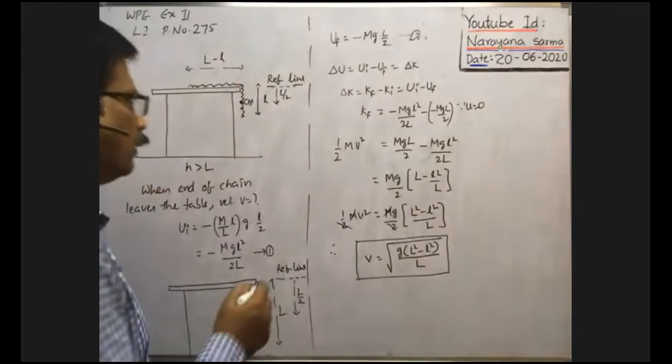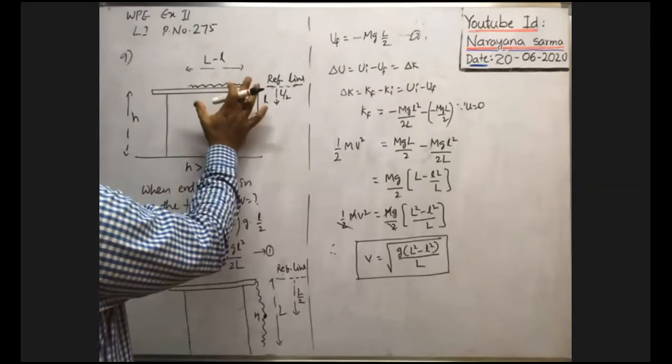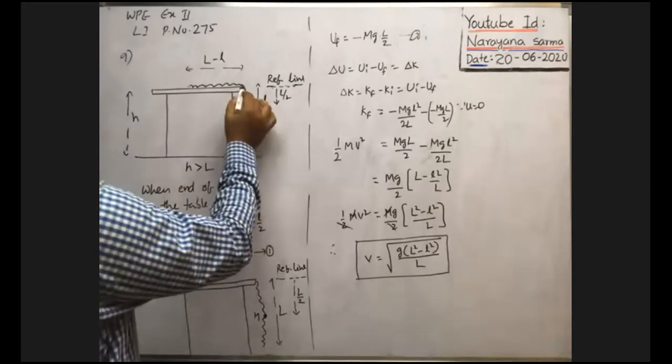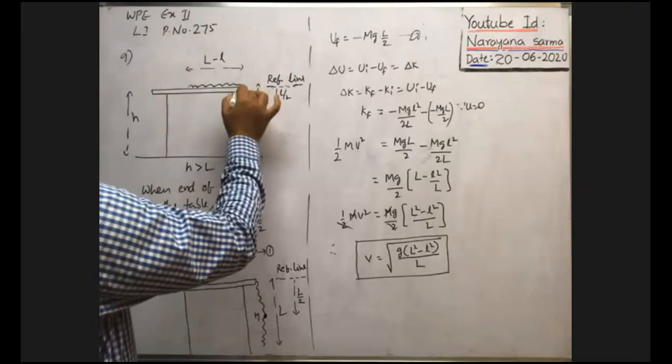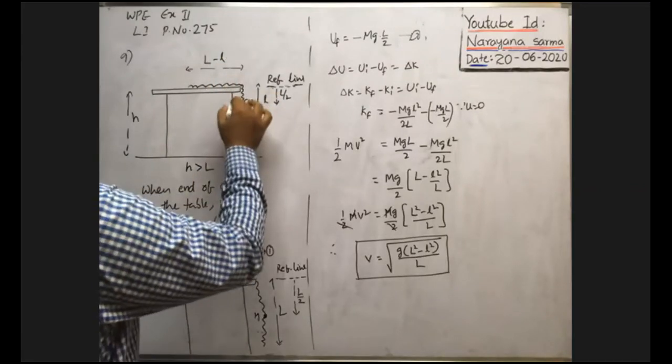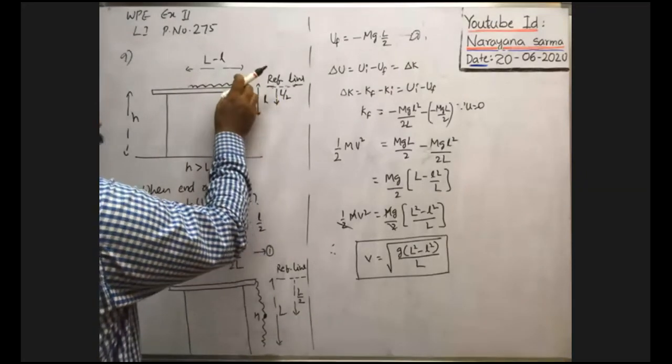Here, because of gravity, when you leave the chain like this, the chain falls, no? Because of gravity, this hanging part of the chain is pulled downwards. The weight of the hanging part of the chain is pulling downwards.